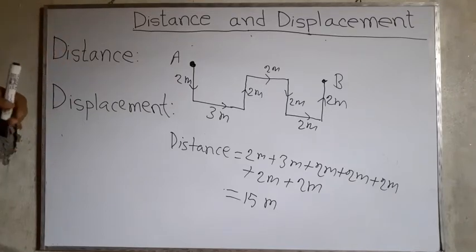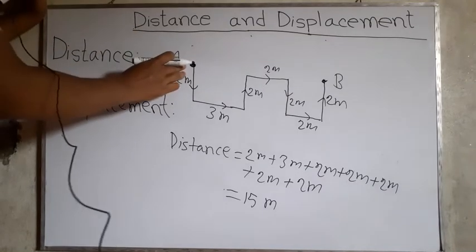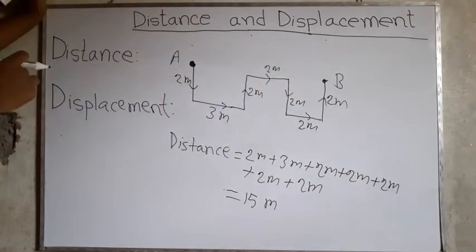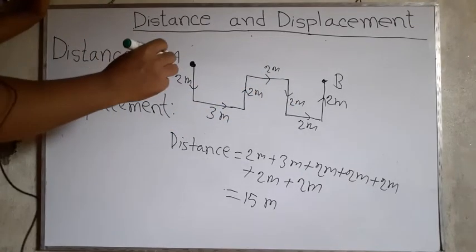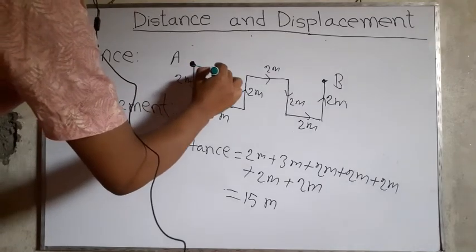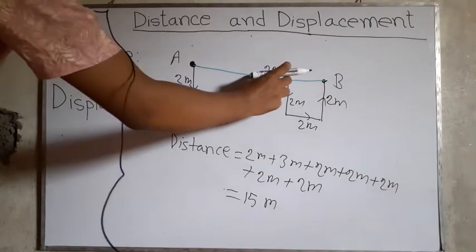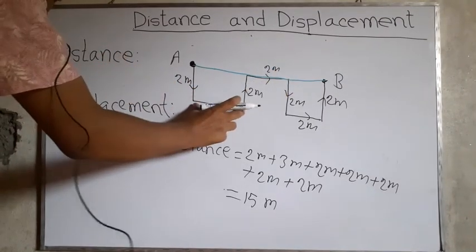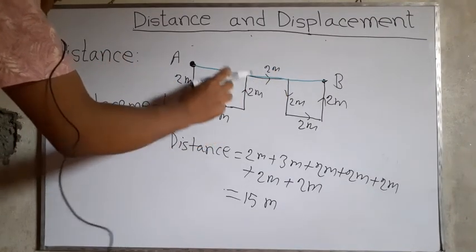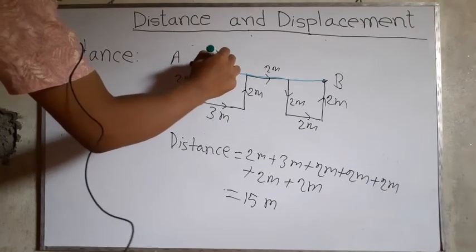Your displacement is the direct distance from initial position to final position. Your initial position is A and final position is B. Therefore, direct distance will be this distance. We know this is 2 meter, this is 3 meter. Therefore, this distance also will be 3 meter.